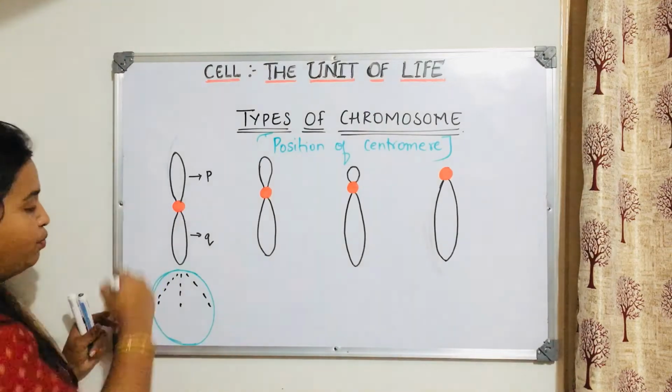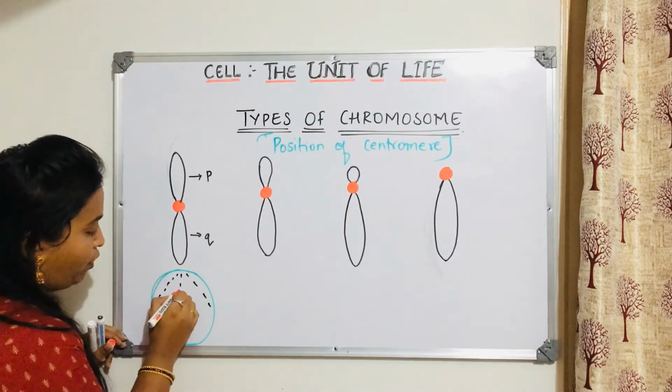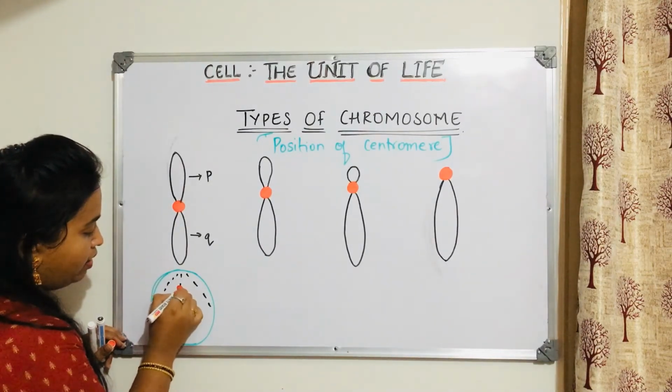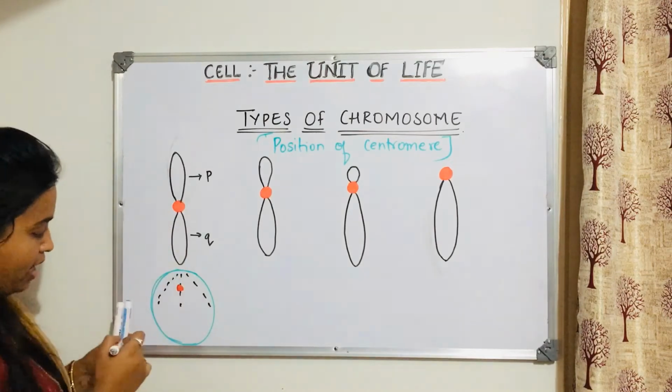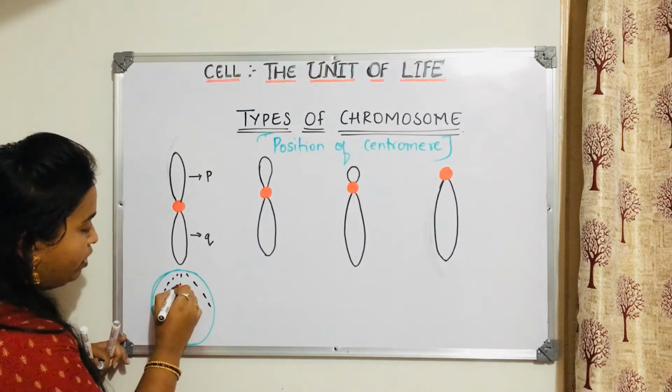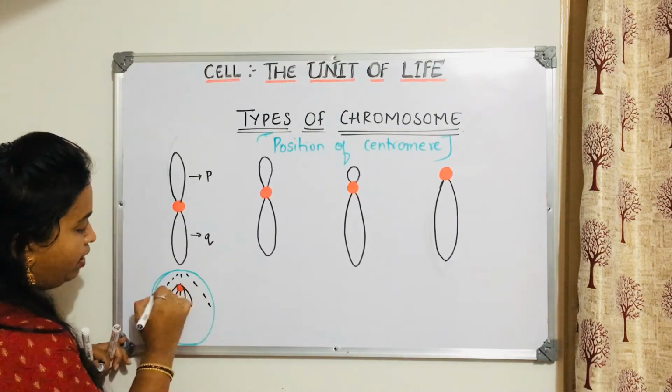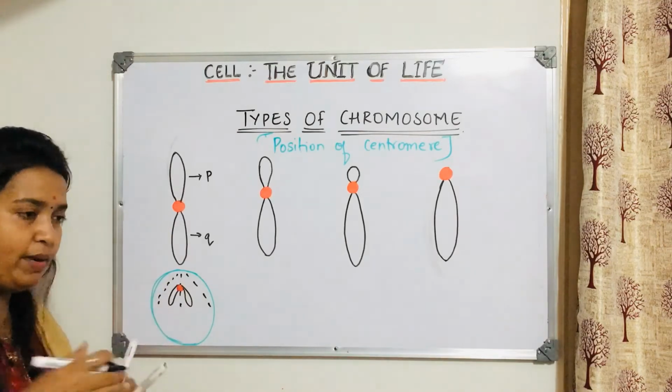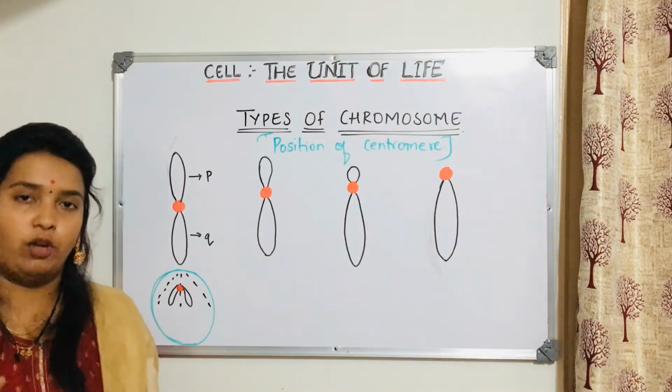When this chromatid is moving, the centromere will be pulled towards the end. What you will see is the arms. Remember, always the centromere will be pulled and the arms will be towards the equator only.